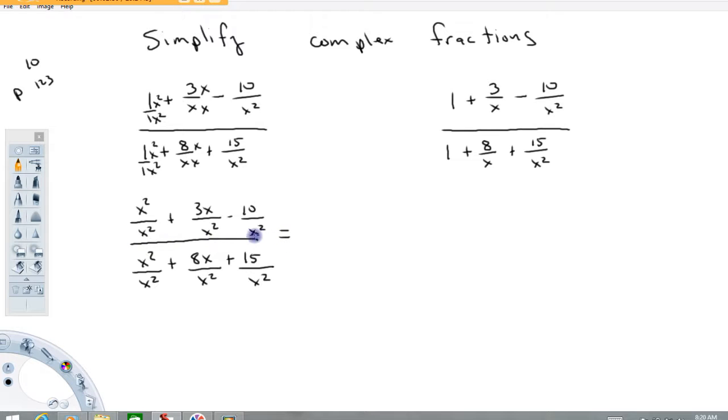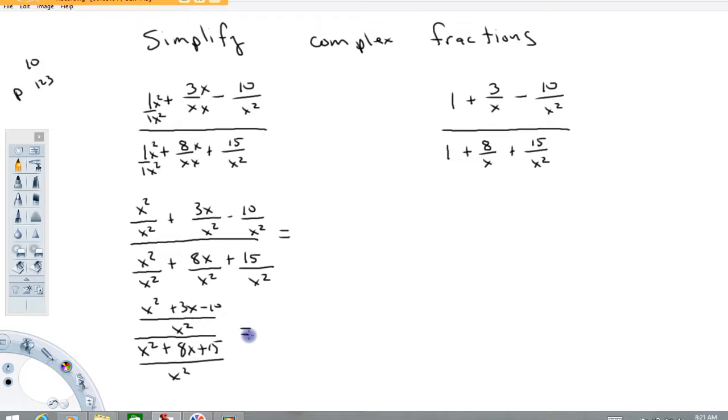Now what we'll do is we can combine this into one fraction: x squared plus 3x minus 10 over x squared. So there's the numerator written as one fraction. Divided by, now we've got to do the denominator, combining these into one fraction: x squared plus 8x plus 15 over x squared.